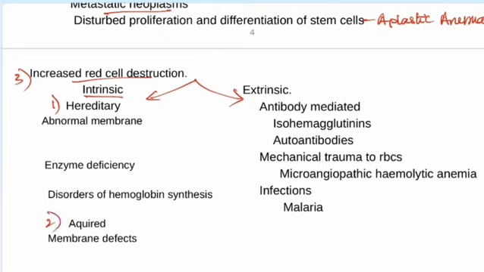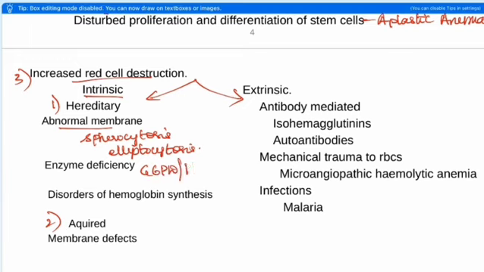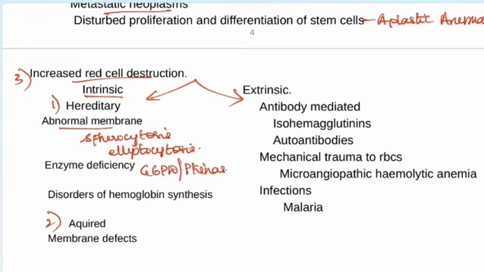Hereditary: there are abnormal membranes seen in spherocytosis and elliptocytosis, and enzyme deficiencies like G6PD deficiency and pyruvate kinase deficiency, and hemoglobin synthesis deficiency like thalassemia. And acquired membrane defects, paroxysmal nocturnal hemoglobinuria.